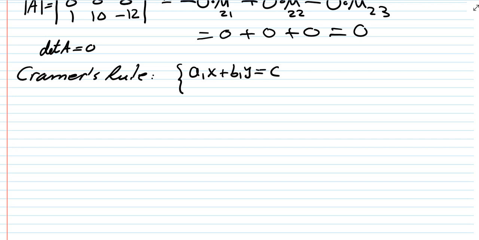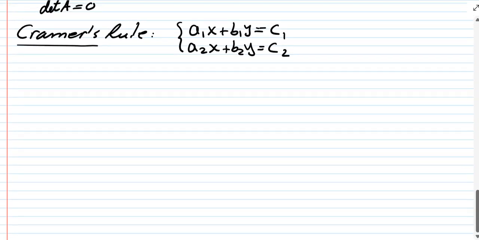Just to give you exposure to the name and the method is all we want here. Cramer's method applies to larger systems, by the way, 3 equations, 3 unknowns, and so on and so forth. What Cramer's method does is it actually gives you the solution to the system.